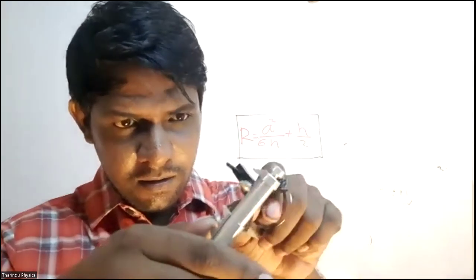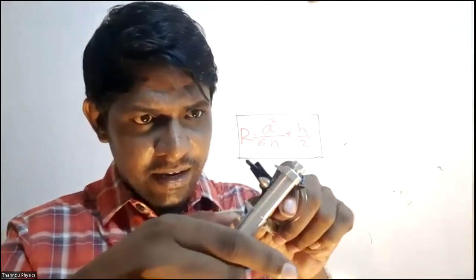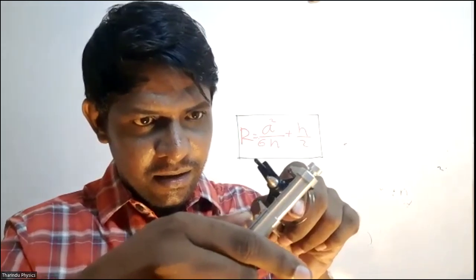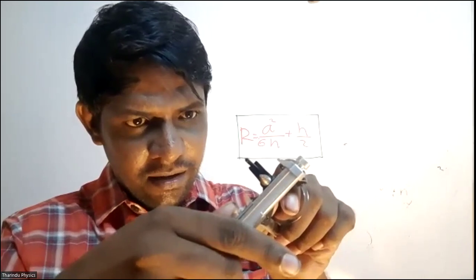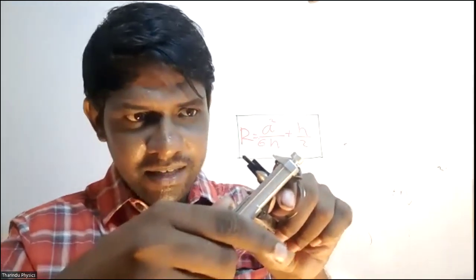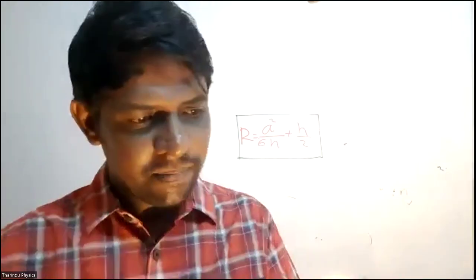I have seen this method is also given marks. You can hold a vernier caliper to the tips this way, and it is a really tedious method. I don't know why marks are granted for that. You just keep the vernier caliper like this and get the first reading.